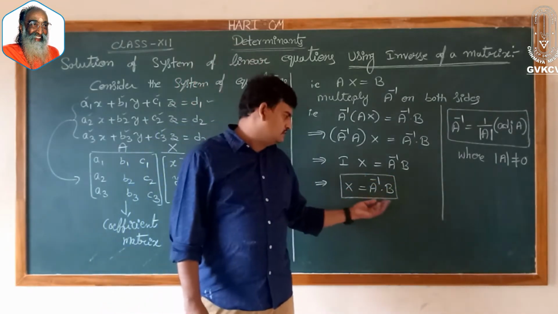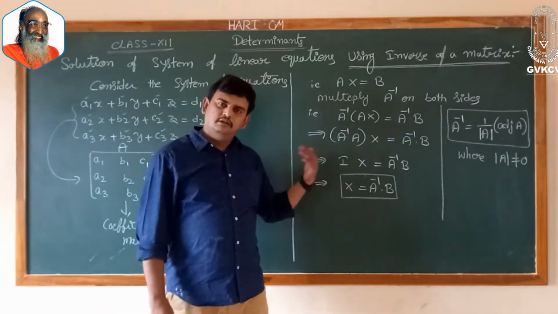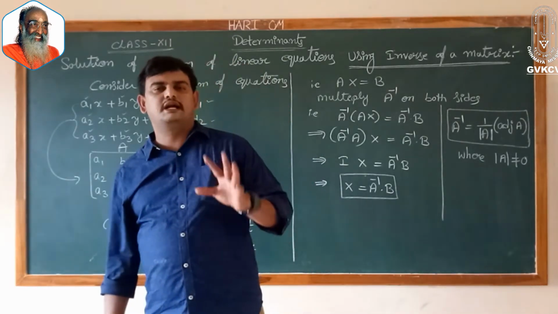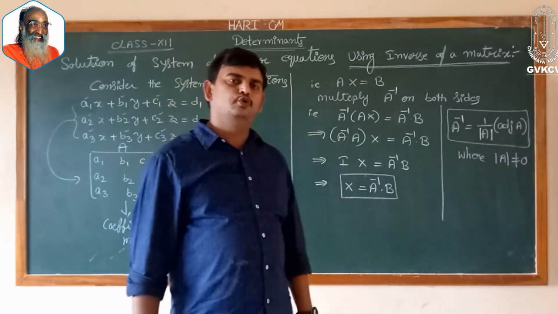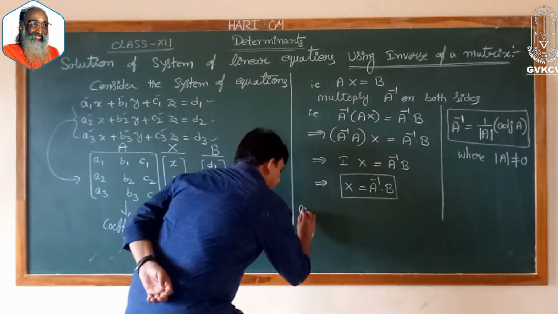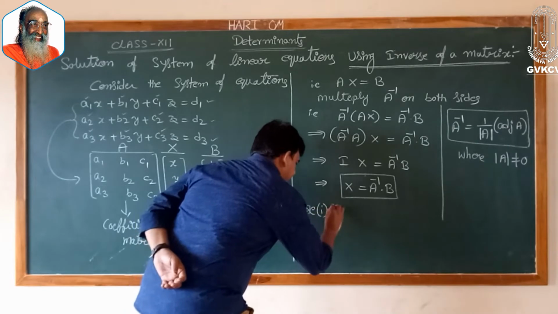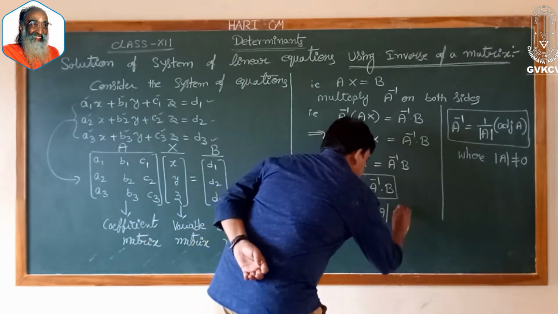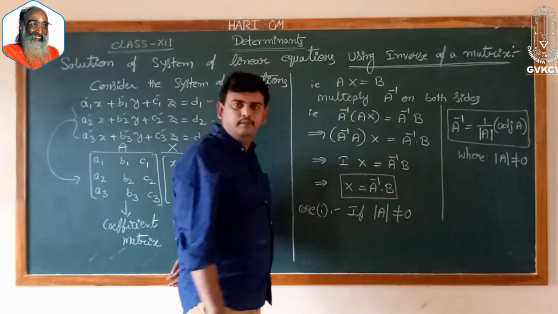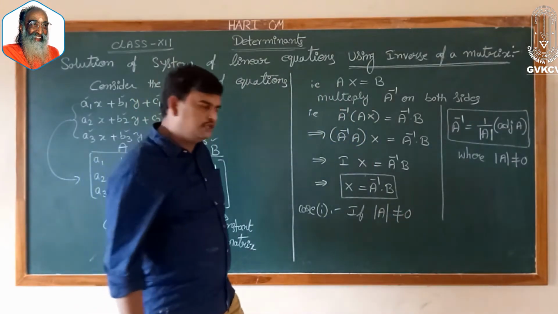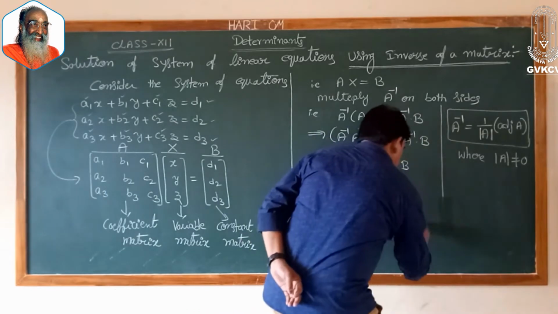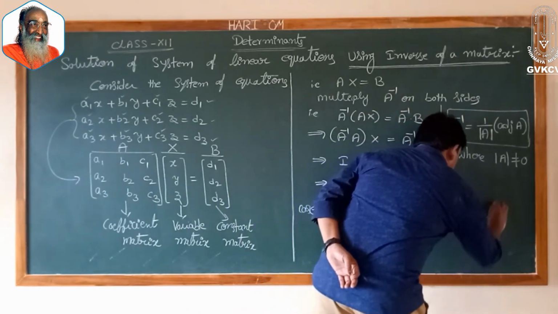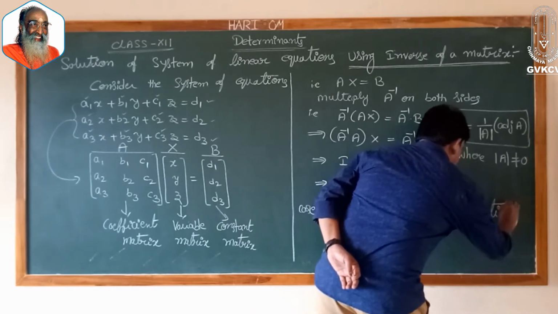When A inverse exists, we can find the x value. Then we have a solution that is called consistent. Here we have two cases. Case 1, if determinant of A is not equal to 0, we have a solution.